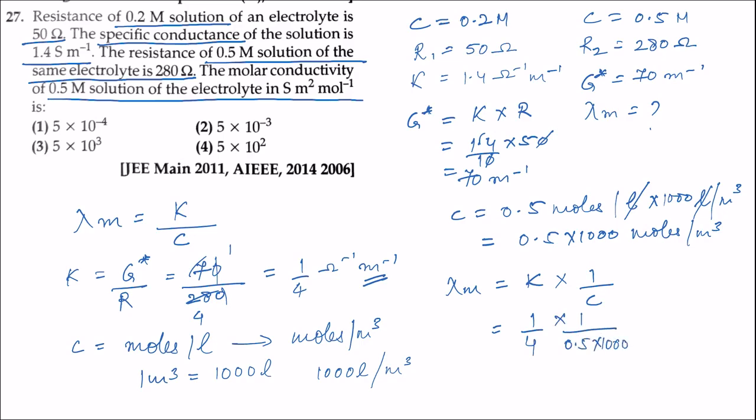Solving this, the value of molar conductivity is 5 into 10 to the power minus 4 per ohm meter square per mole. This is the unit in which the molar conductivity is asked. So the correct option is option 1.